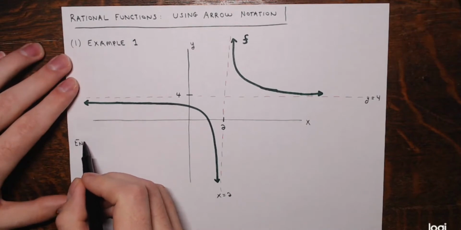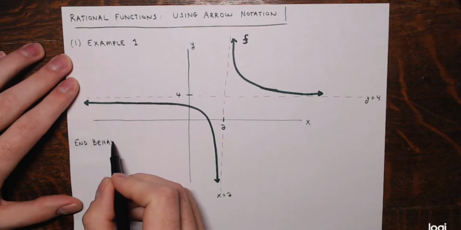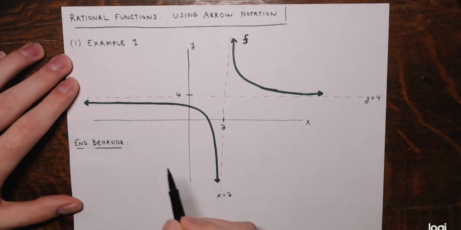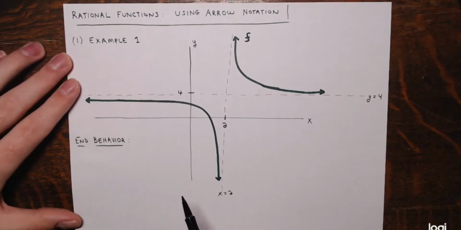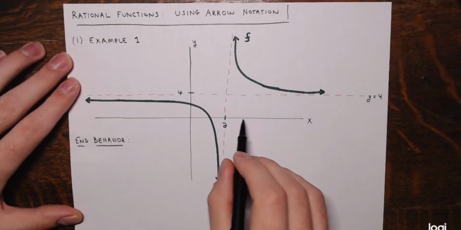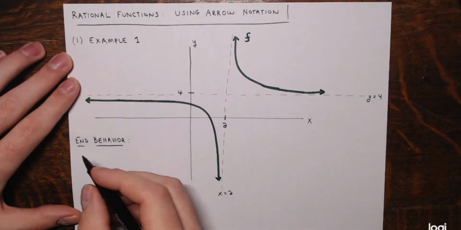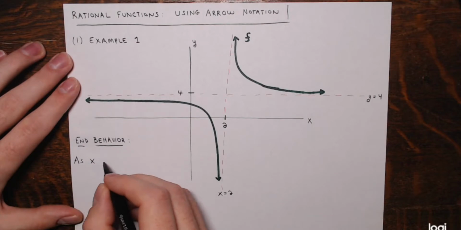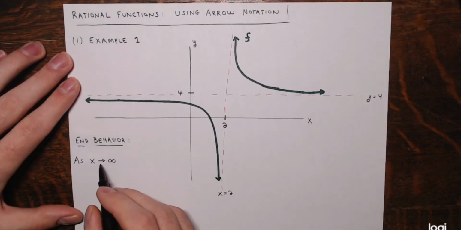They ask us to describe the end behavior, and we've seen end behavior for polynomials earlier in chapter 5 of this text. But for the arrow notation, for the right end behavior, we would say what happens as x goes to infinity. As the value of x, my input, goes to positive infinity, there's the arrow notation.